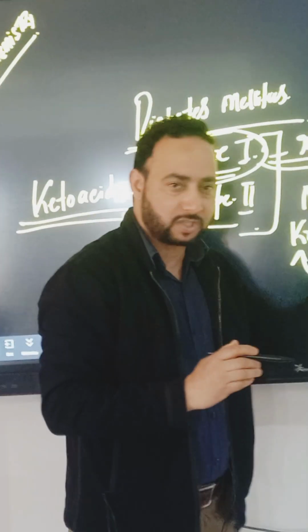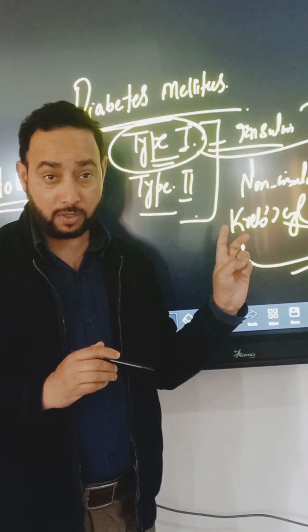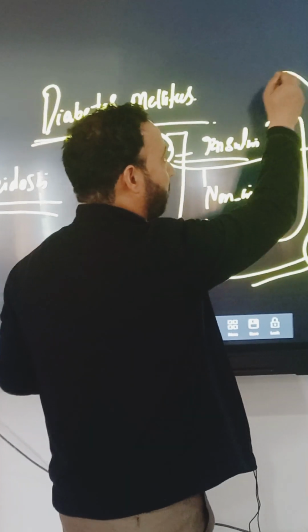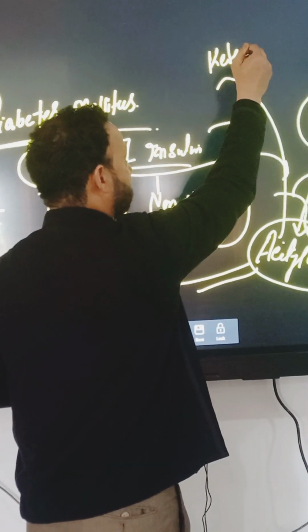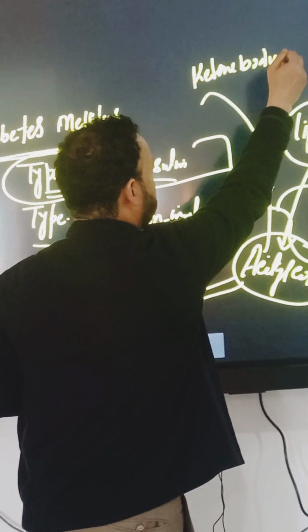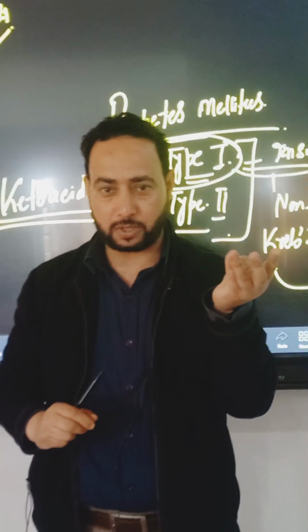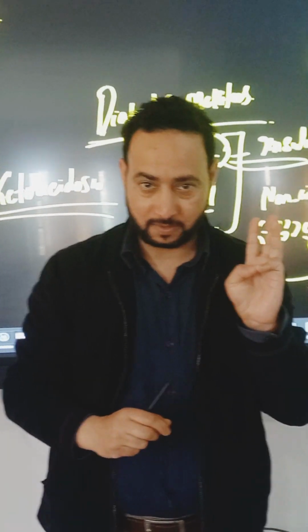Now the surplus acetyl-CoA, in the liver, will be utilized for the formation of ketone bodies. Now the ketone bodies are generated. Mainly three types are generated: beta hydroxybutyrate, acetone and acetoacetate.